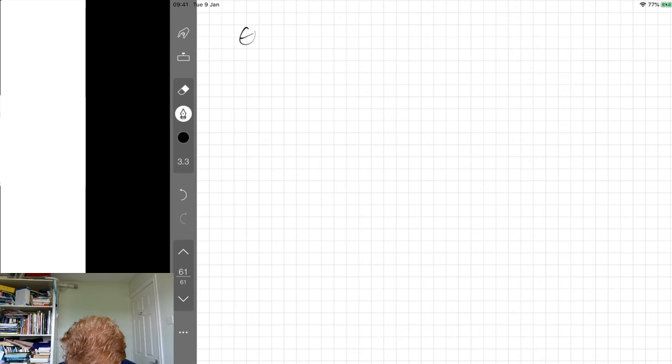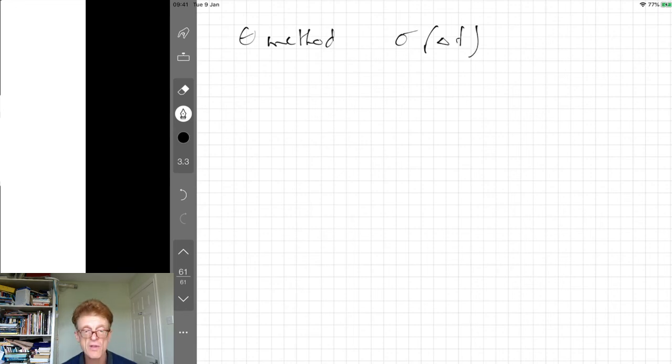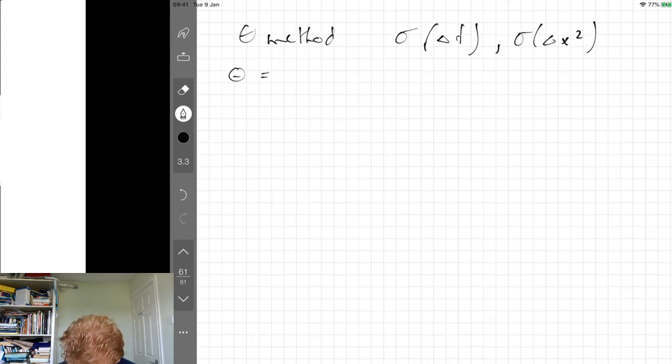So the theta method is again order delta t, so first order for the time stepper, and order delta x squared in space, except for theta is half, so that's the Crank-Nicolson scheme.